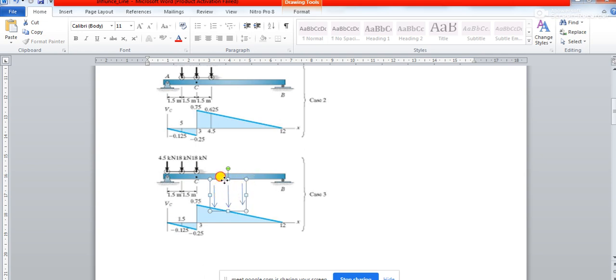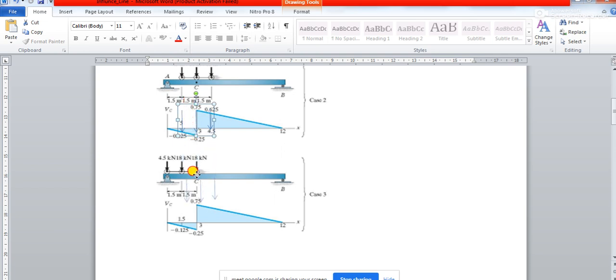At case 2, it was here. So when this load moves by 1.5 meter in this direction, what will happen?